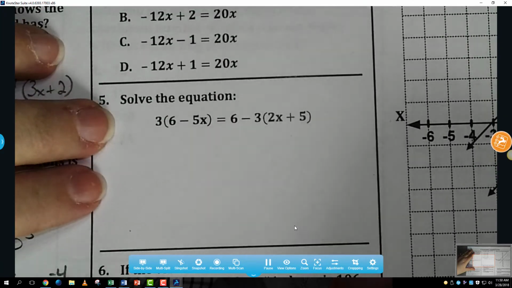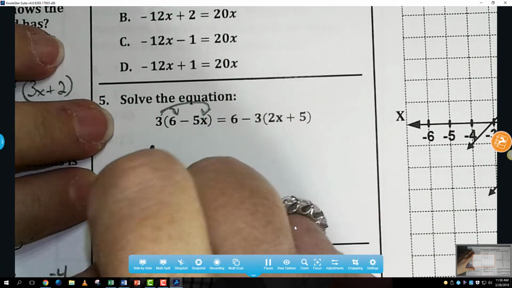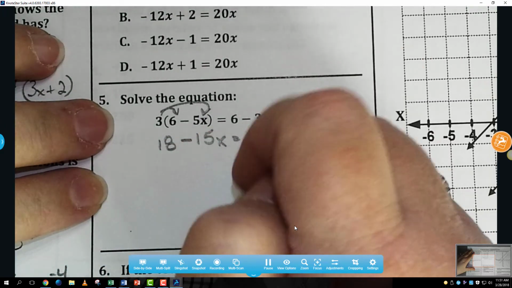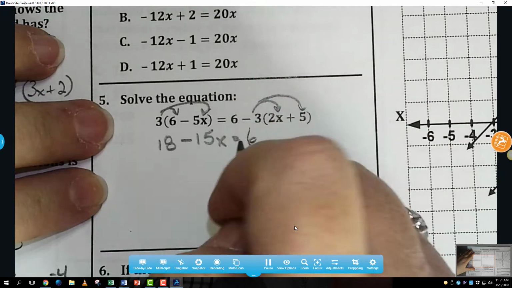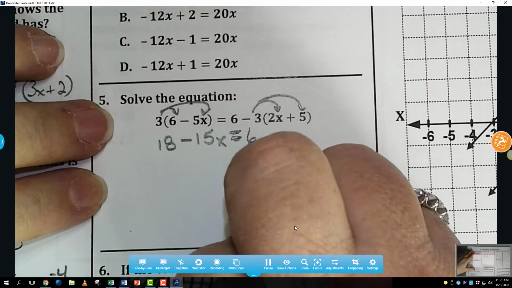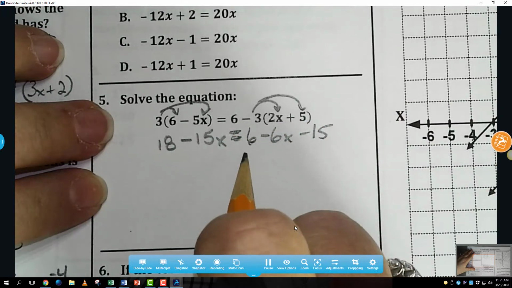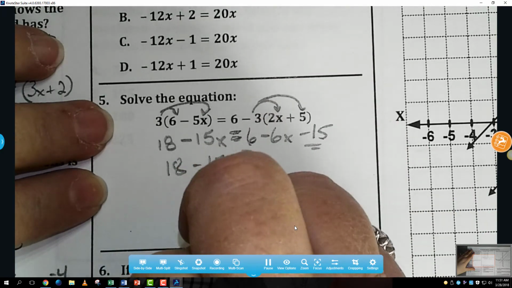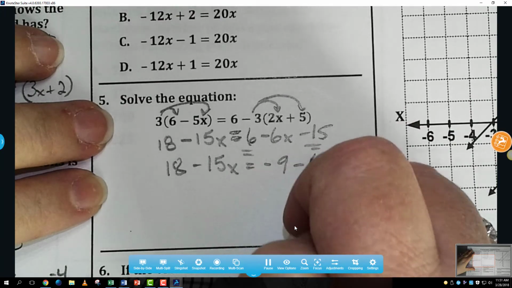Number 5, solve the equation, so I need to distribute. I'm going to get 18 minus 15x equals 6, and then now I need to distribute again. I'm going to get negative 6x minus 15. Over here I can combine my like terms. It's going to give me negative 9 minus 6x.